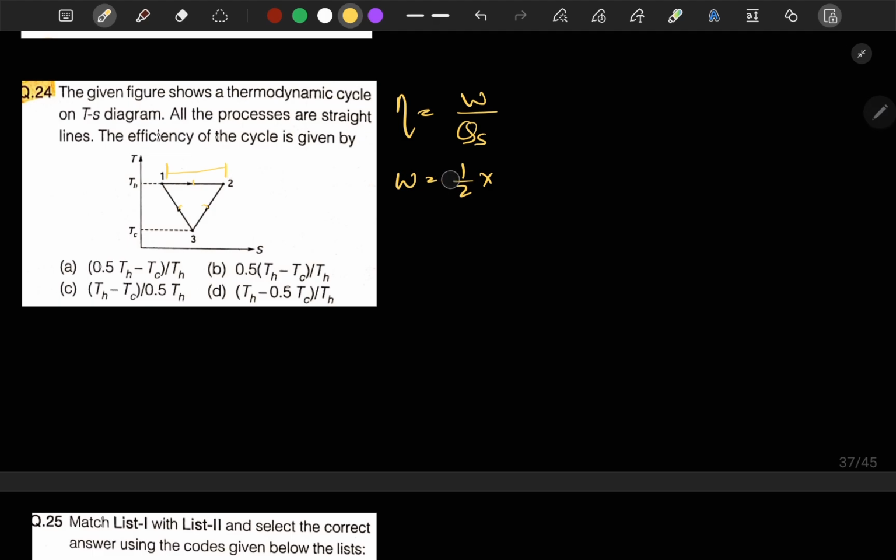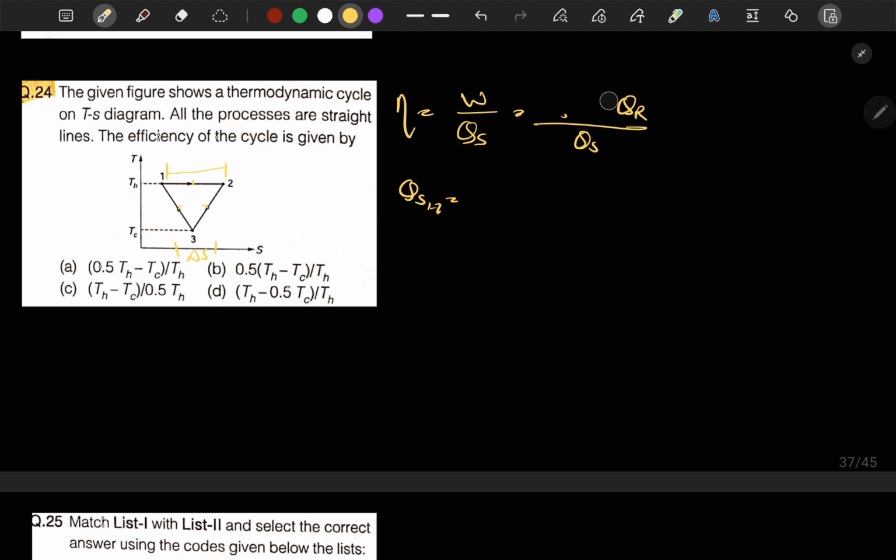Let's write it in a different way: work done is equal to Q supplied minus Q rejected, upon Q supplied. From here we can say that Q supplied will be in process 1 to 2, and let's say the change in entropy is delta S.